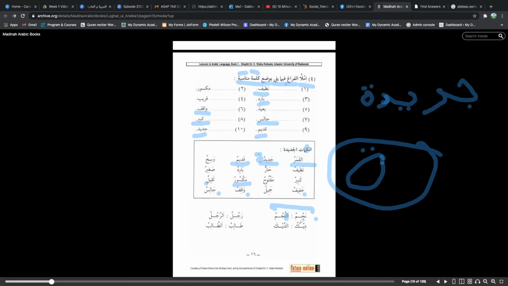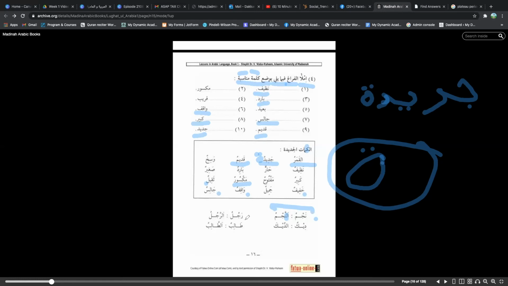We're going to get into that more. With a sun letter, the alif goes right to it. Anybody who's familiar with hearing the Quran hears Bismillah ar-Rahman. It's not al-Rahman, even though there's an alif lam there. It's ar-Rahman because ra is a sun letter, so the alif goes straight to the ra.